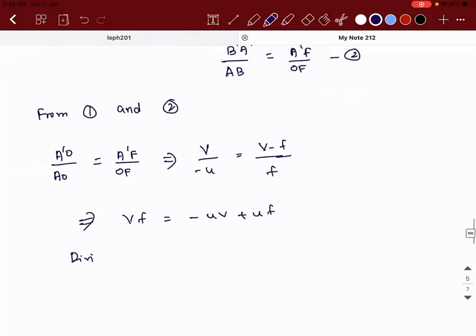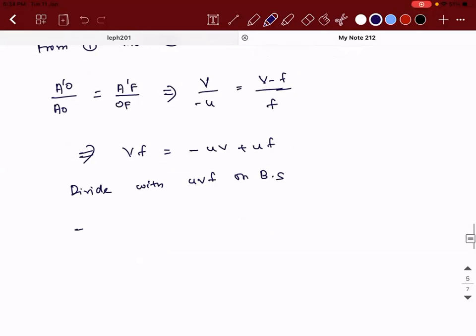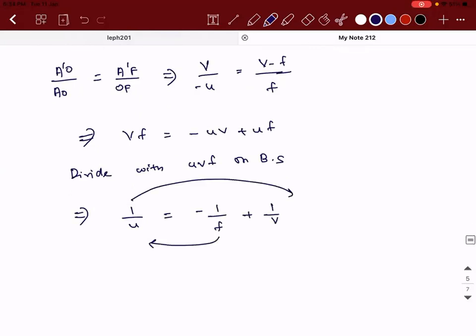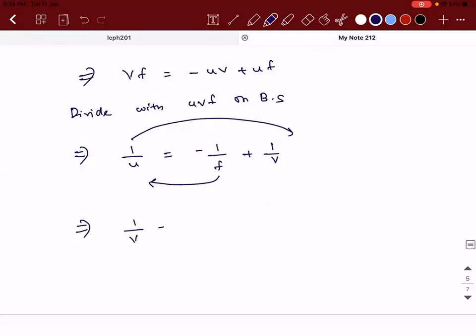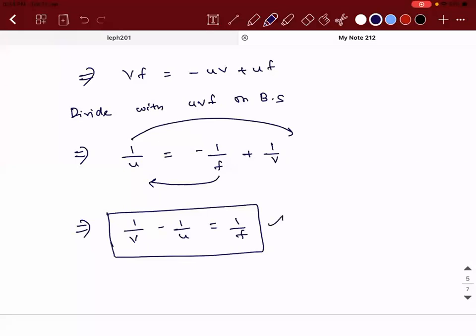Divide with UVF on both sides, and you get 1 by U is equal to minus 1 by F plus 1 by V. Rearrange the equation, take this to the other side, and you will get 1 by V minus 1 by U is equal to 1 by F. Is that clear? So 1 by V minus 1 by U is going to give you 1 divided by F.